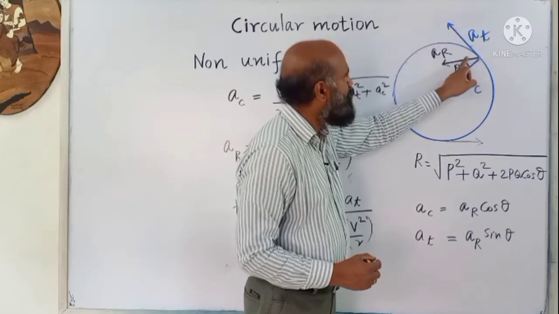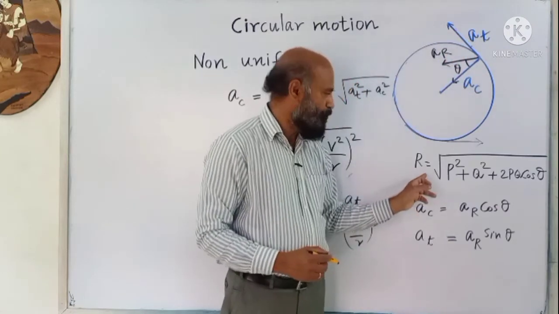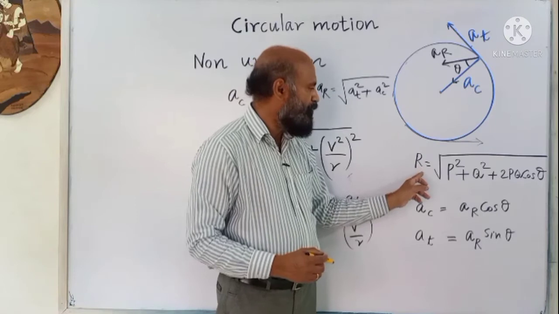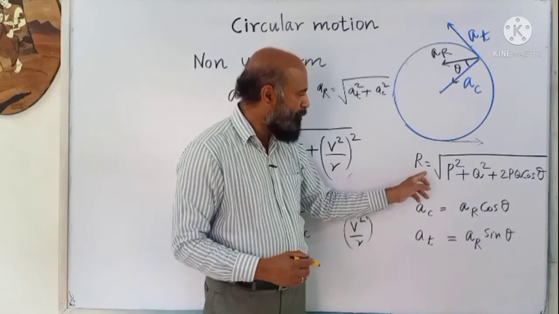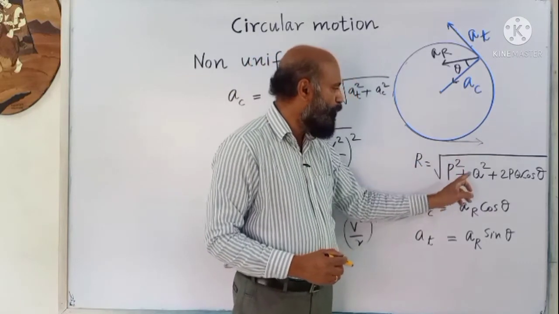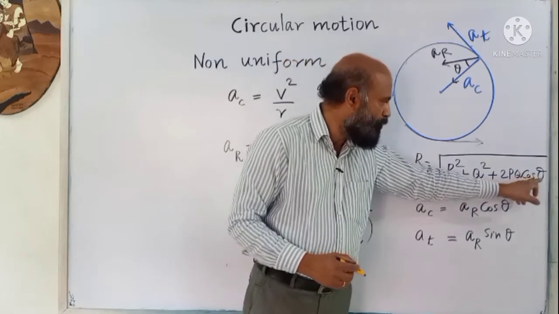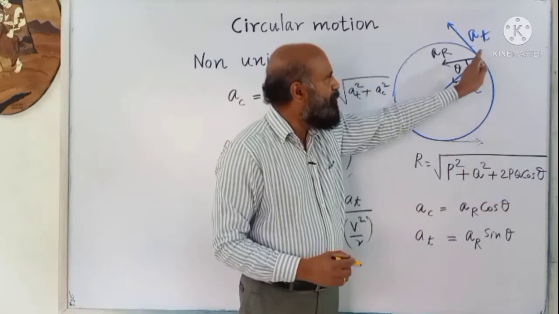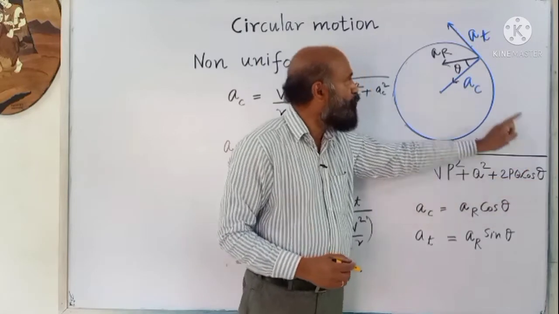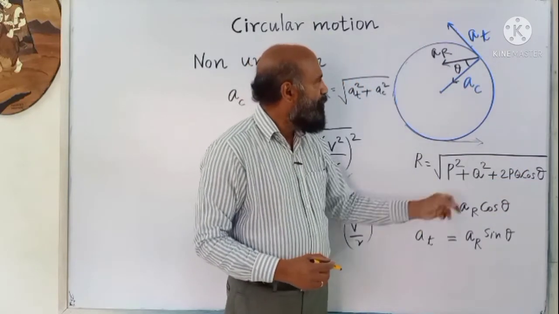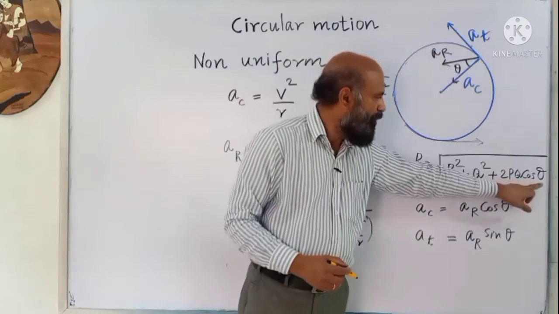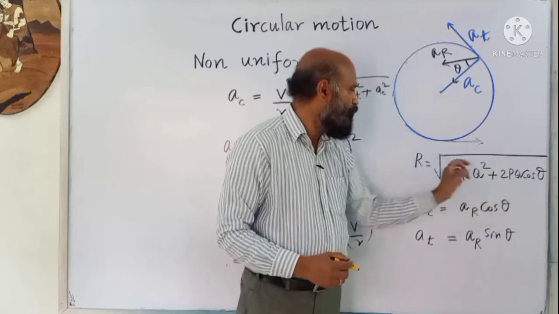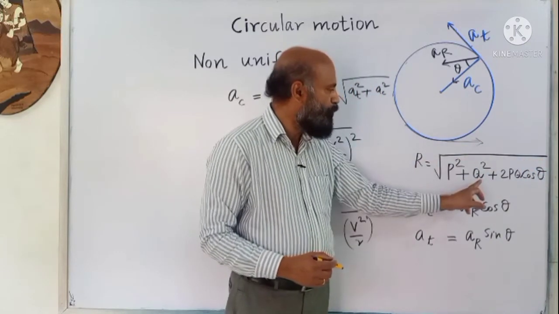Then we have to get the resultant of these two. The resultant of two vectors is given by this relation. The magnitude of the resultant is equal to square root of p square plus q square plus 2pq cos theta. In this case, theta is 90 degrees. Here two vectors, AC and AT, and the angle between them is 90, cos 90 is 0. So the resultant is square root of p square plus q square.